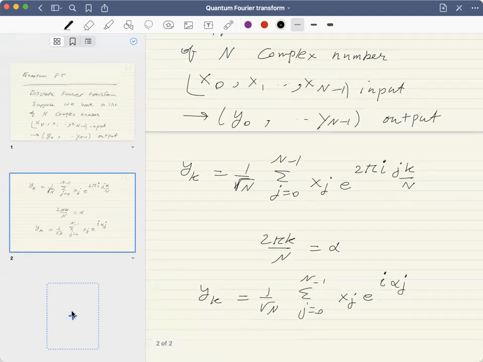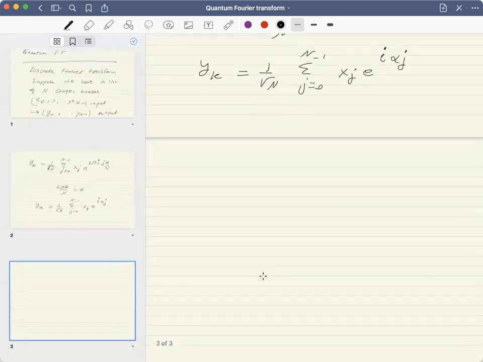Okay, so let's do, for example, n equal to, let's say, 3. So what are these things? Let's do an example, just explicitly writing out the sum to get better intuition.